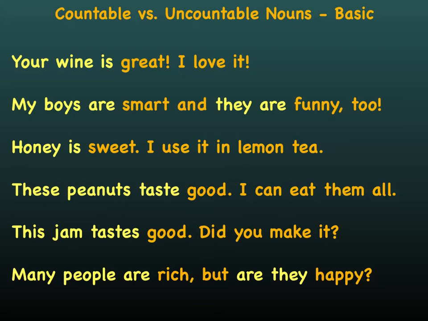Here, you can see how the verbs match with the topic in each sentence. And look and see how the uncountable nouns have the same verbs as one countable noun.